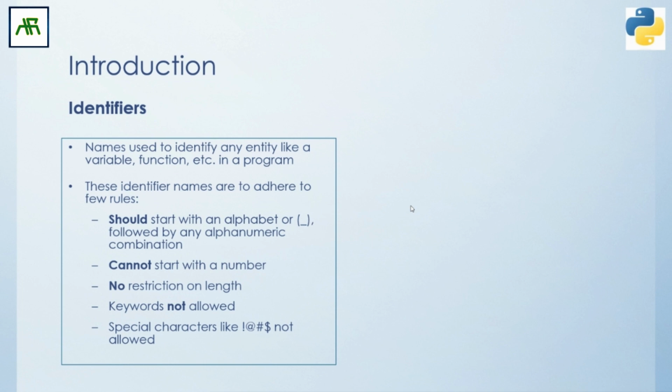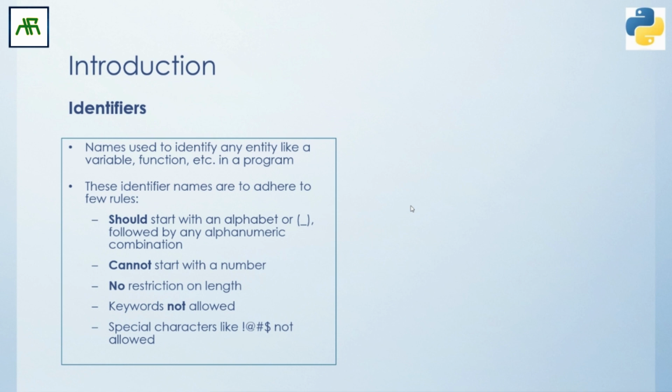Python also has certain rules. They should start with an alphabet or an underscore, followed by any alphanumeric combination. In other words, every identifier should start with an English letter or an underscore. There are certain cases where we use underscore, and it cannot start with a number. An identifier cannot start with a number.